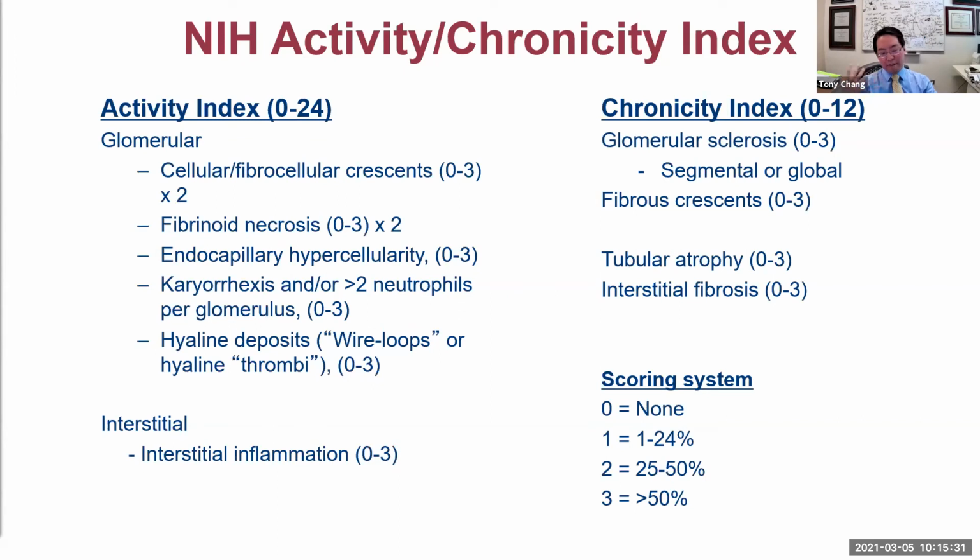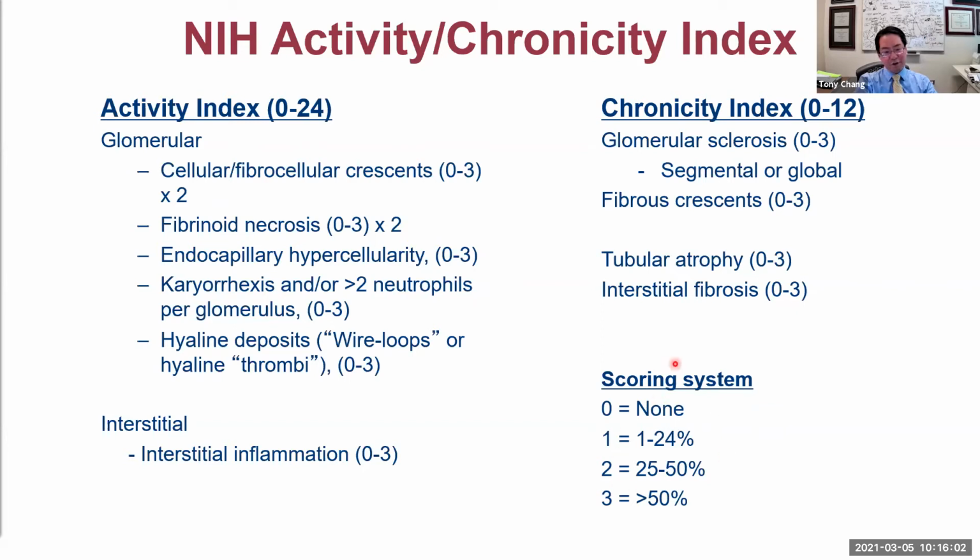And so to convey how much activity and how much chronicity is there, the NIH activity and chronicity indices are helpful. The activity index consists of 6 parameters, and it makes up 24 points. Because cellular crescents, fibrocellular crescents, and fibrinoid necrosis are considered severe injuries, those parameters are multiplied by 2, right?